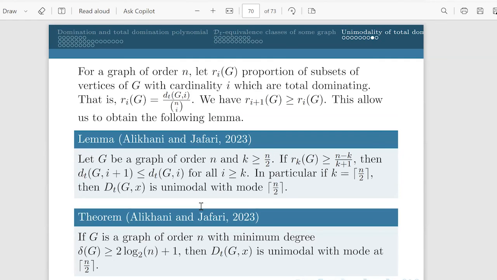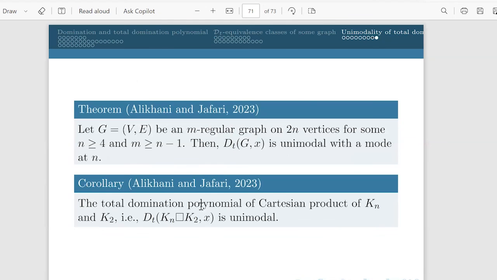And if the minimum degree is greater than this number, then this polynomial is unimodal with mode at most ceiling of n over 2.